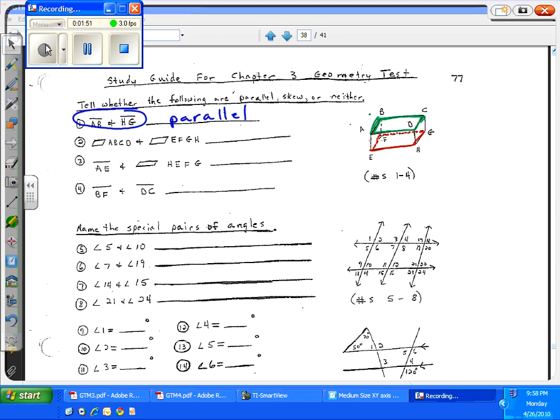If this is a rectangular prism, which it's supposed to be, then the top and the bottom would be parallel. Two planes that never intersect, we call parallel.